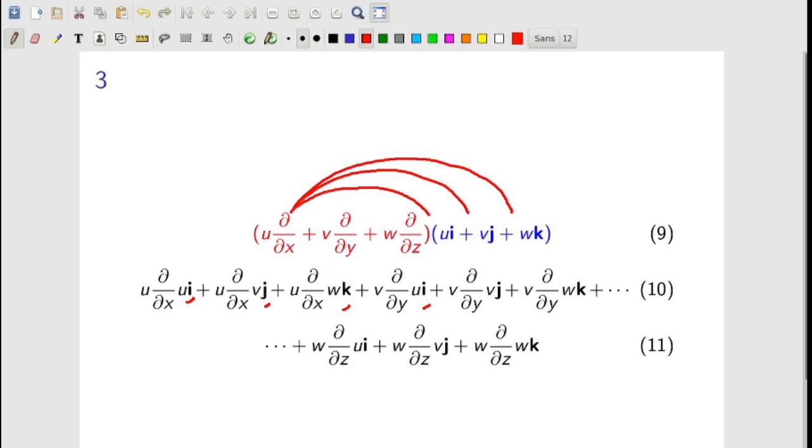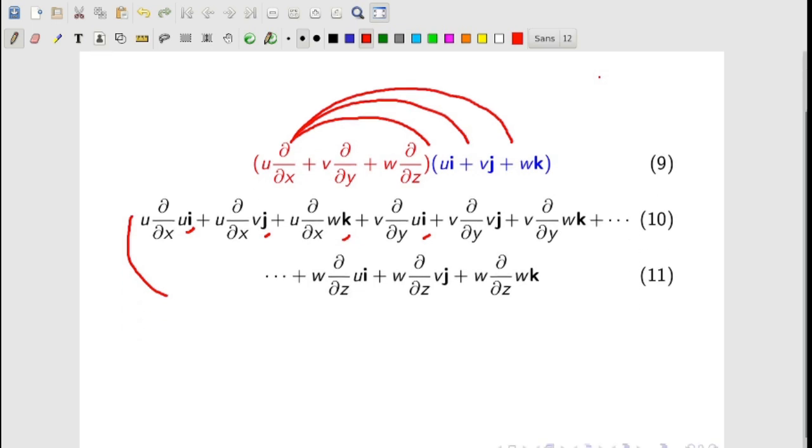And expanding this term by the distributive property, you are left with 9 terms here. u times ∂u/∂x, u times ∂v/∂x j, and so forth. So now we have to show that this here is equal to the divergence of the tensor product.